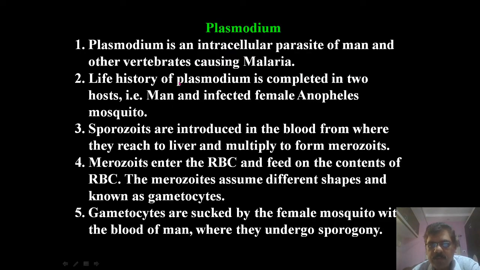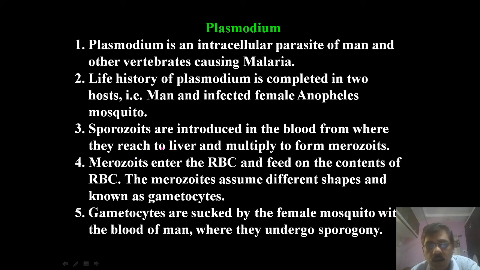The Plasmodium is an intracellular parasite of man, which is within the cell, and other vertebrates, causing malaria. The life history of Plasmodium is completed in two hosts, that is man and infected female Anopheles mosquito. Then the sporozoites are introduced into the blood, from where they reach the liver.